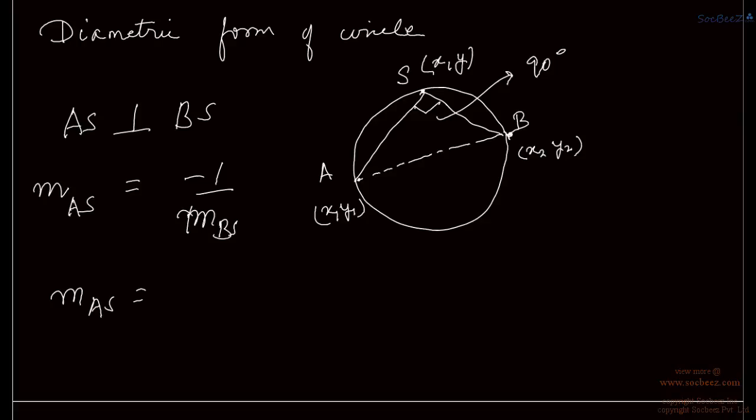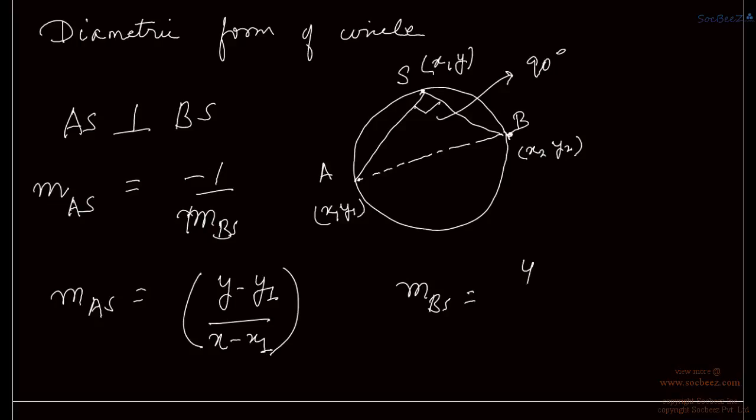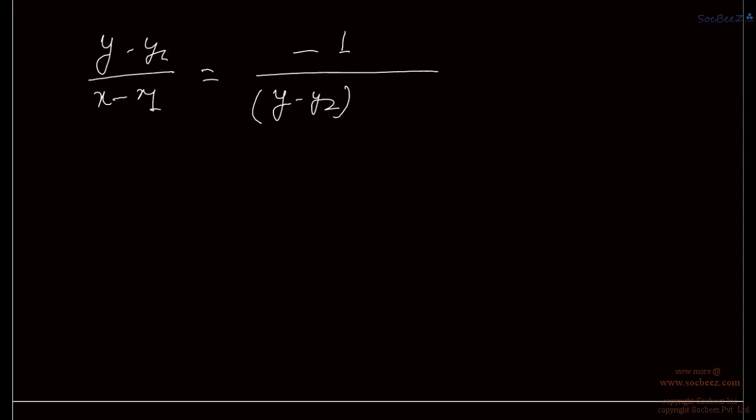The slope of line AS is (y minus y1) upon (x minus x1), and the slope of line BS is (y minus y2) upon (x minus x2). So we have (y minus y1) upon (x minus x1) is equal to minus 1 upon (y minus y2) upon (x minus x2).